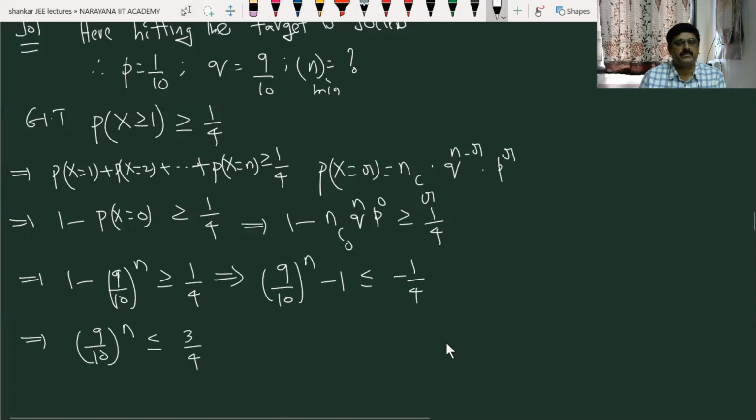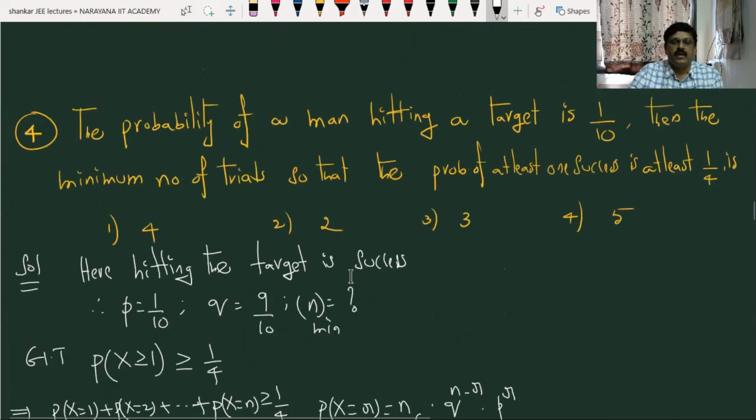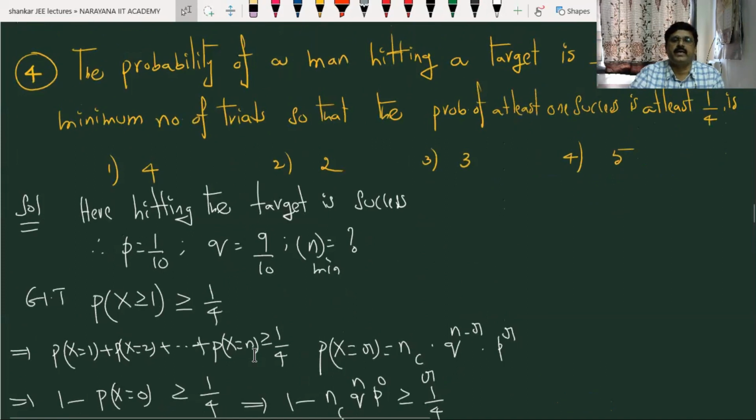How easy it is, isn't it? Or 10 by 9, carefully watch. (10 by 9) whole power n is greater than or equal to 4 by 3. By observing, you see students, n values. If you put n value 1, students, (9 by 10) whole power 1, that is 0.9, less than or equal to 3 by 4, ruled out. So here 1 is failed, and next 2 is also not correct there, students.